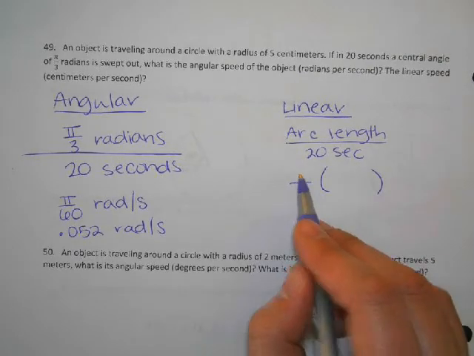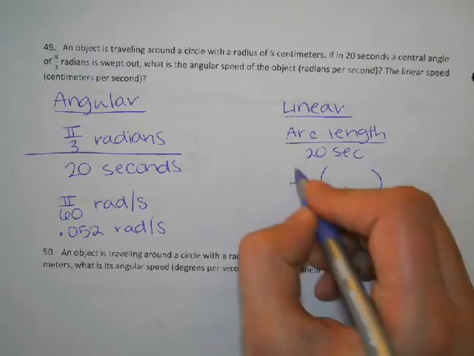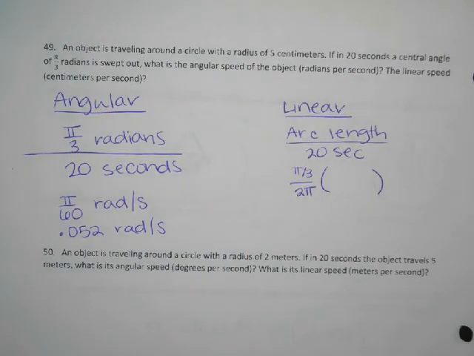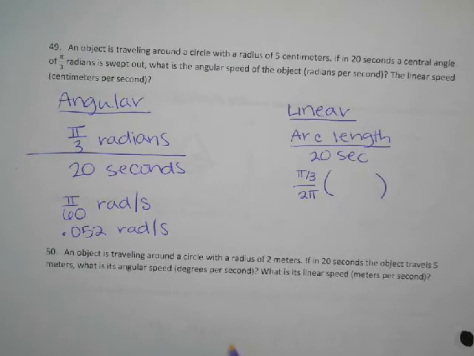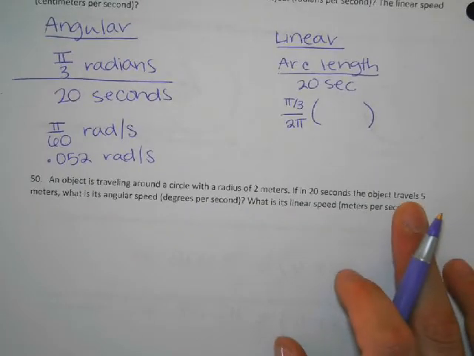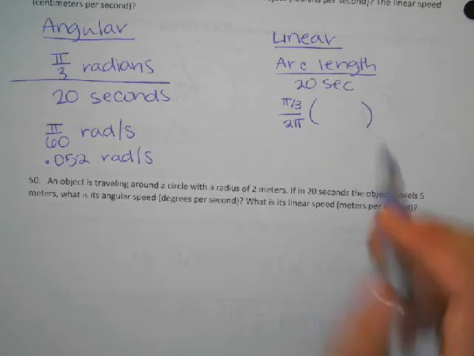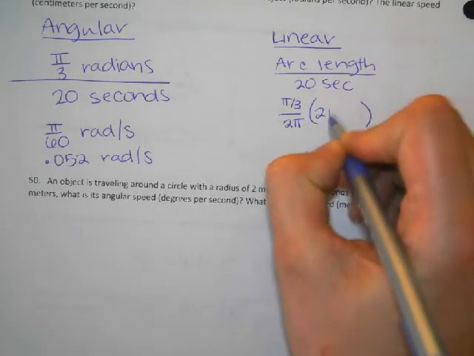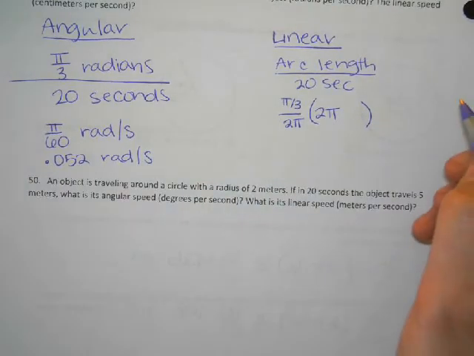Our angle divided by, so we're going to have pi thirds divided by 2 pi. And we know that we're doing that because this problem is in terms of radians. So we're using the portion that is in terms of radians. Pi thirds divided by 2 pi times, what's the rest of the arc length formula? 2 pi r, and in this case that would be 2 pi 5.